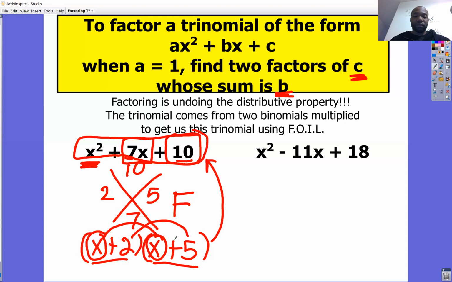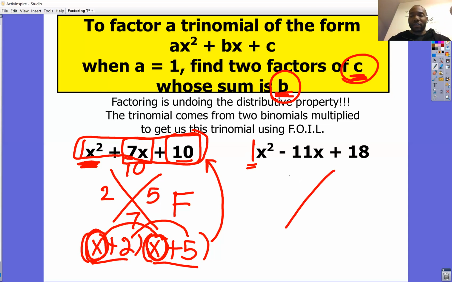So we know that x squared comes from multiplying our first term. And that's about to change because a is a 1. So a is 1 right here, so we don't worry about a. That's the reason why we ignore a. We only deal with c, and we only deal with b because a is 1. So we don't worry about a because 1 times 1 is 1. There's no reason to mess with a.